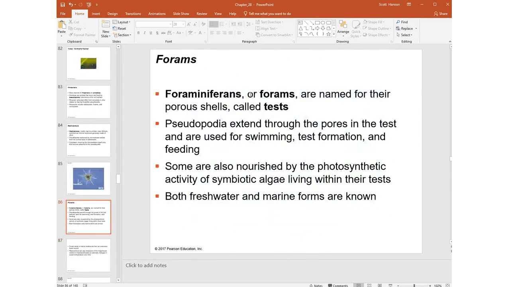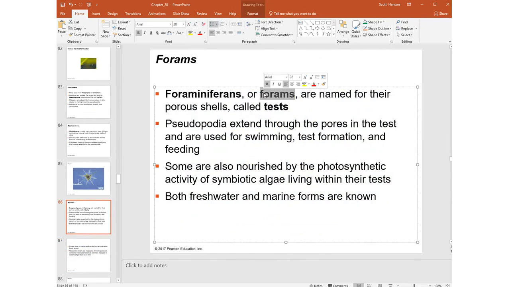So the foraminiferans, or forams for short, are named for a porous shell. Porous means it's got little pores, little openings. A porous shell is called a test. And they have pseudopodia that extend through the pores in that very tough, unyielding shell, and they're used for swimming, for forming the test, and for feeding as well.